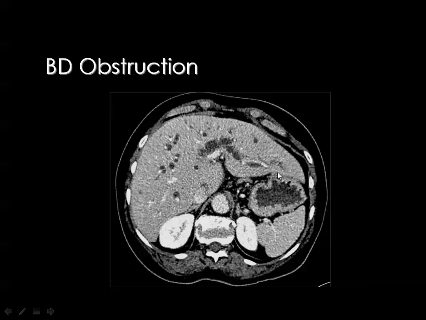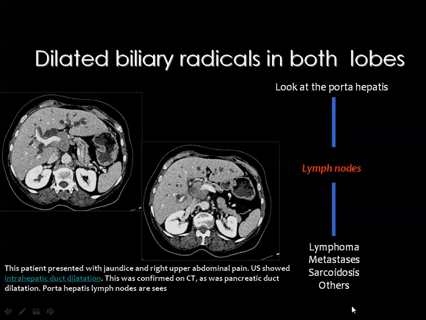But if you see that the bile ducts are dilated throughout the liver, then what to do? If you see dilatation in the biliary radicals throughout both hepatic lobes, look at the porta hepatis. And in the porta hepatis, you can see masses like this. And you see this mass in the porta hepatis, and this is the remaining part of the mass.